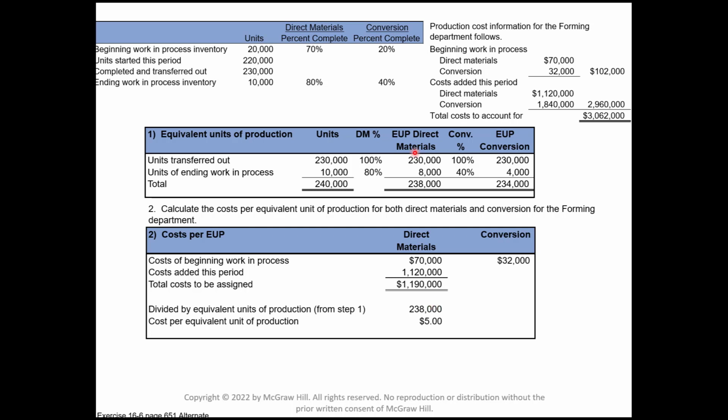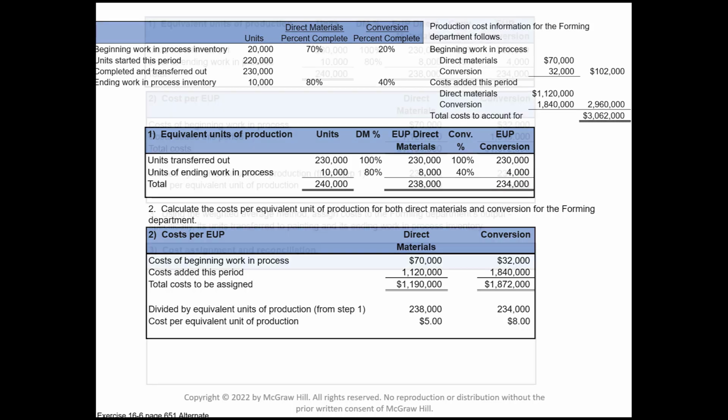Same for conversion. We had beginning inventory cost of 32,000. We had cost added during the current period of 1.84 million. So add those together and divide by the 234 equivalent units for conversion to get $8.